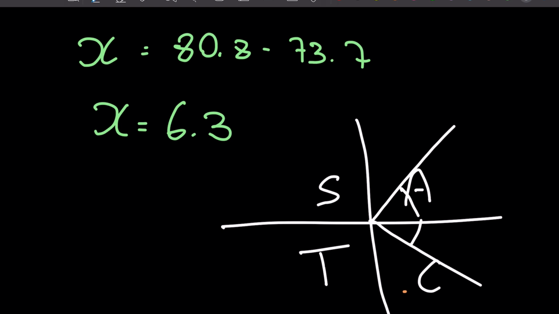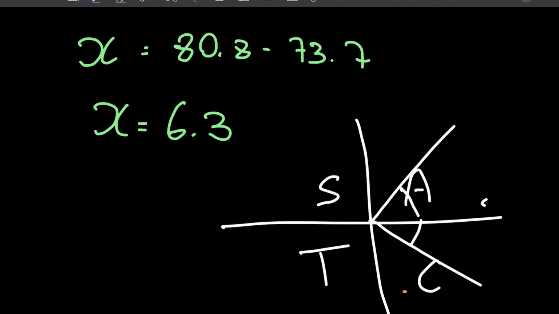So C, A, S, T, in which quadrant is cosine positive? Well, cosine is positive here and here. Draw your angles, 0, 360, 90, 180, and 270. So right here is going to be equal to 6.3, and down here is going to be equal to 350. Well, actually, I'm not going to trust myself.